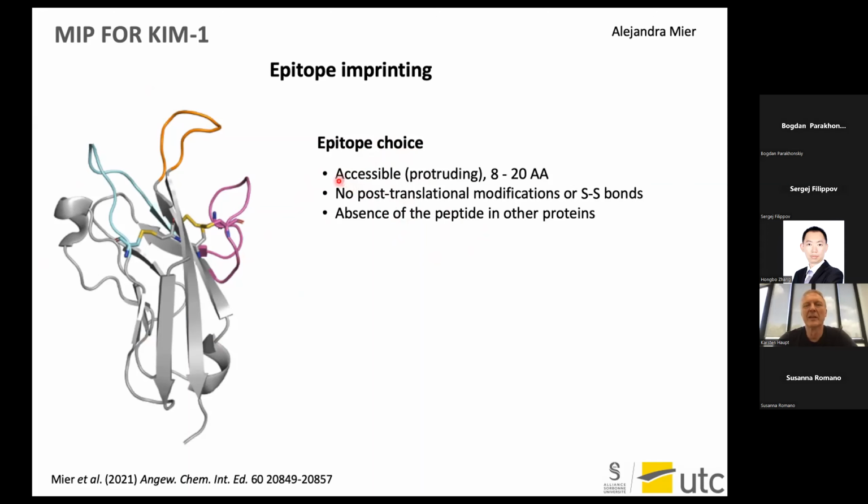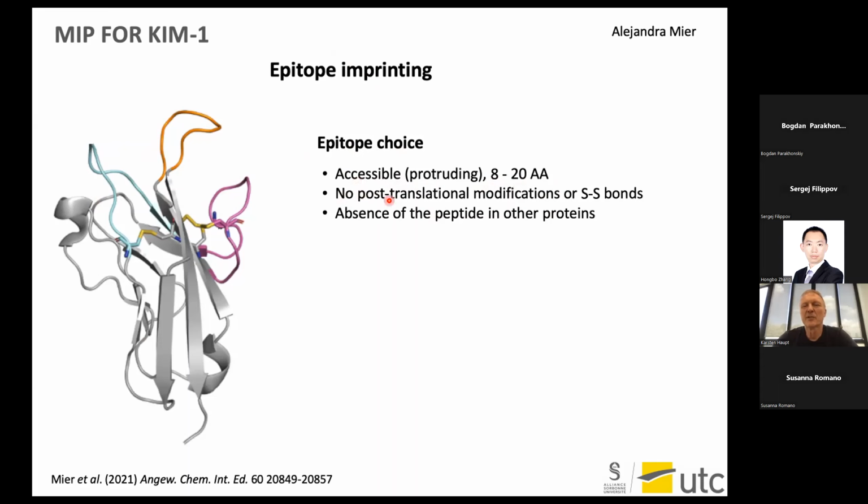So our criteria for the choice of an epitope are similar to these peptide antibodies. We will need accessible epitopes that are protruding from the protein surface and will thus be accessible by the big nanoparticle that we will form. The length of the epitope is between 8 and 20 amino acids.